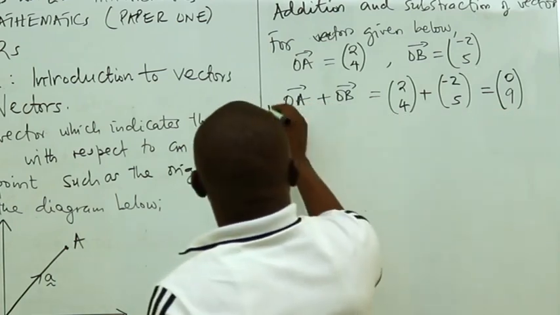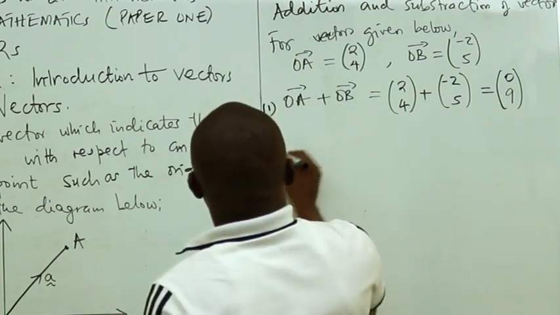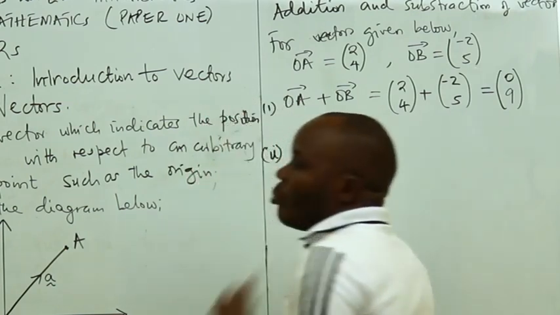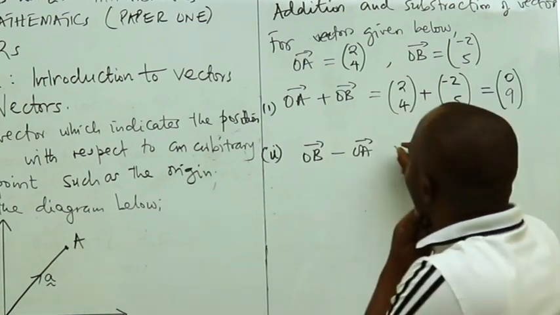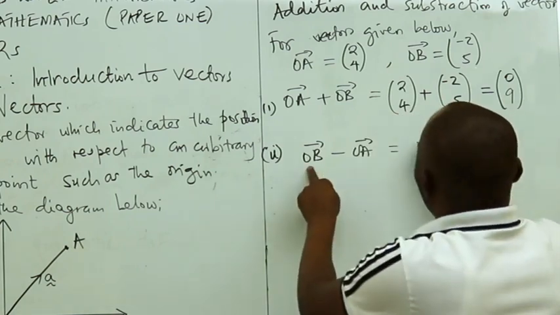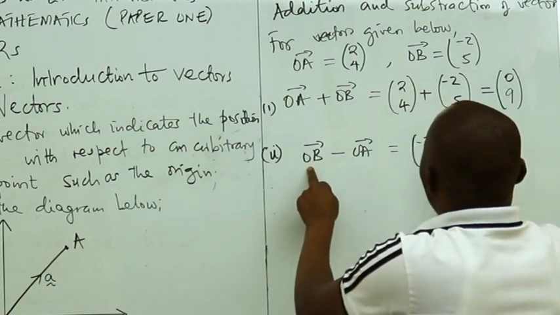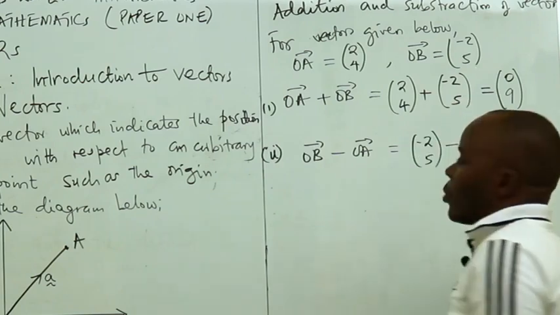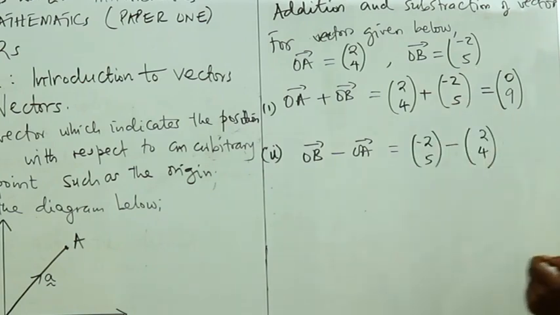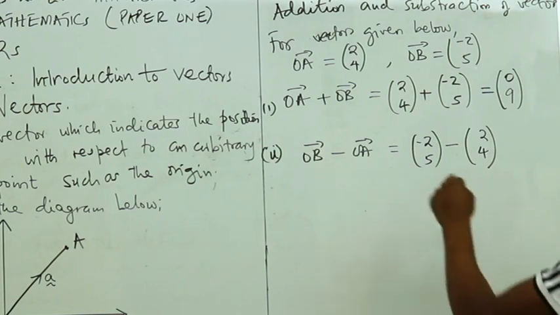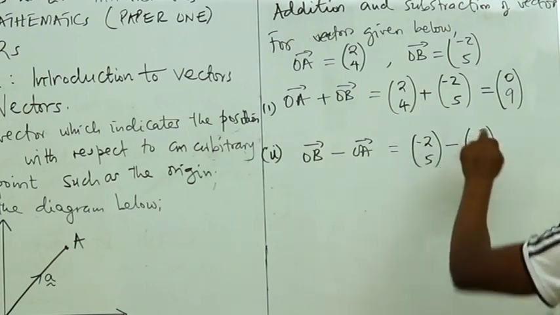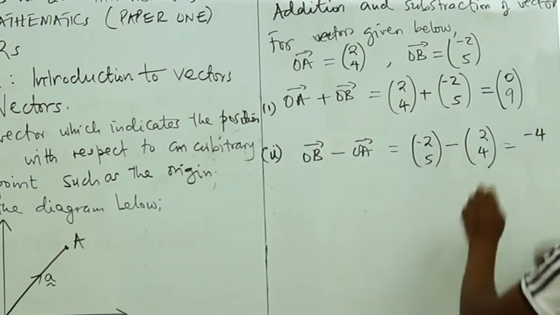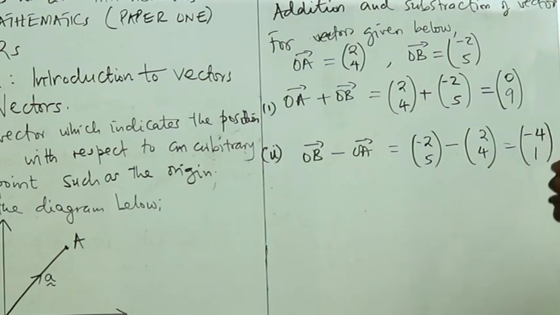Now if we look at OB minus OA, OB is -2, 5 minus 2, 4. So if we subtract, still we subtract corresponding components. So -2 minus 2, you'll get a -4. Then 5 minus 4, you'll get a 1.